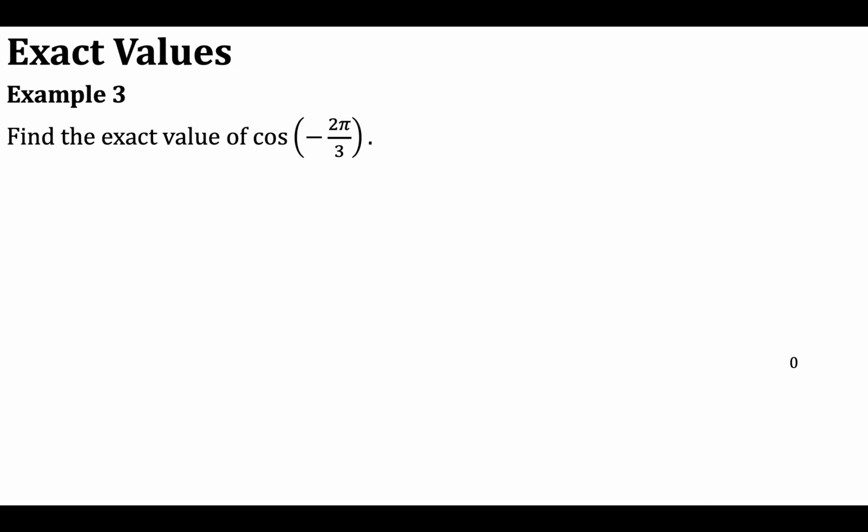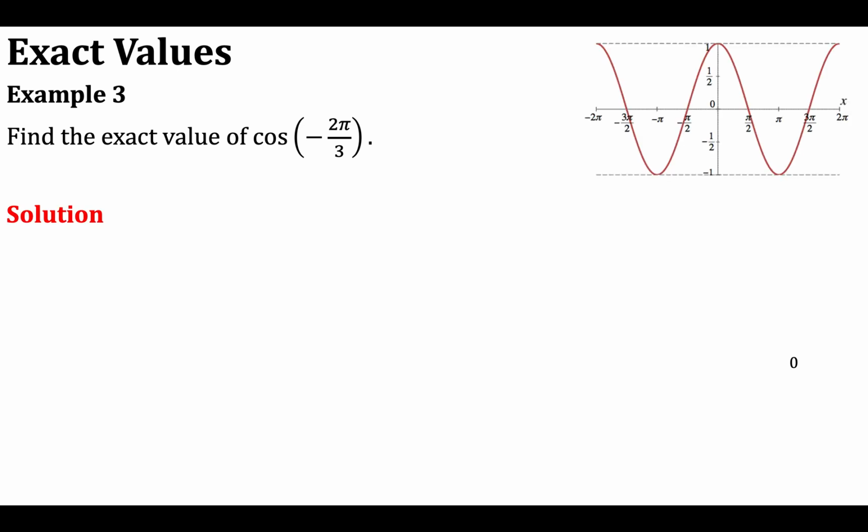And finally, example 3. So we want to find the exact value of cos of negative 2 pi over 3. Now, we've not done one like this yet, but I think it did crop up in the exercise for exact values of related angles in degrees. So we just have a wee look at the cos graph. Now, we're used to normally seeing the cos graph between 0 and 2 pi, but remember it does go back to negative infinity as well, so it'll keep going and going and going.